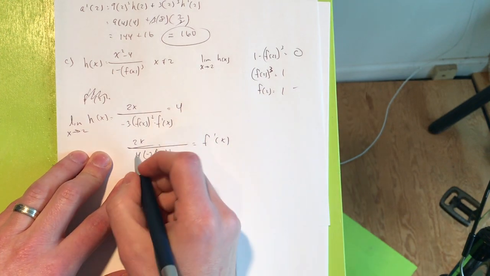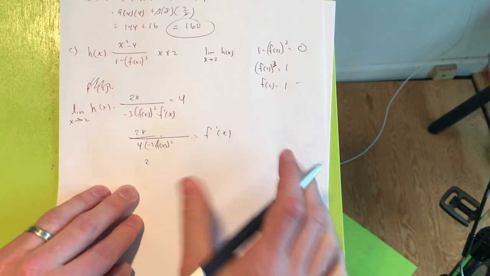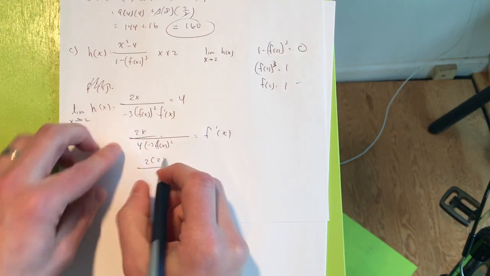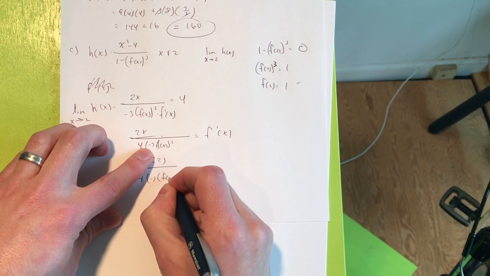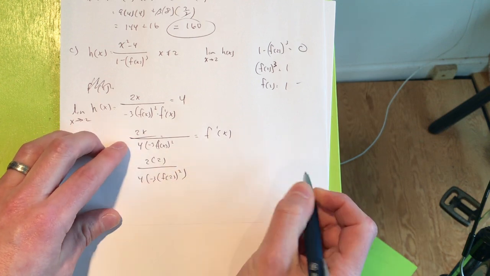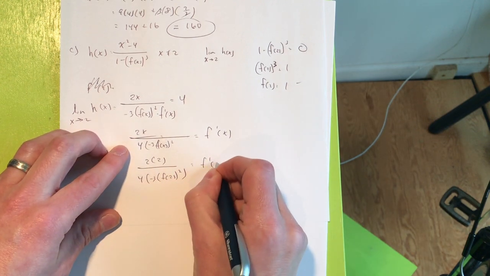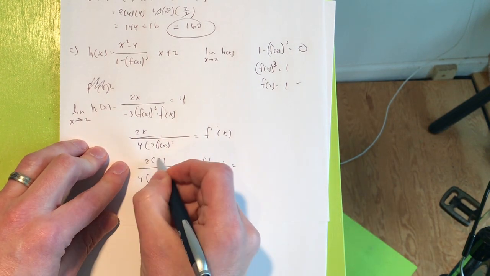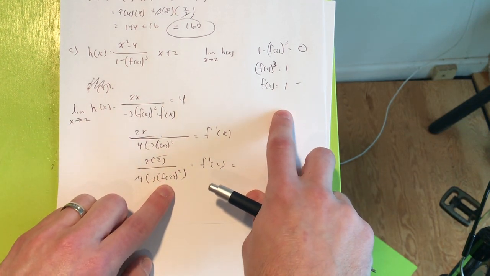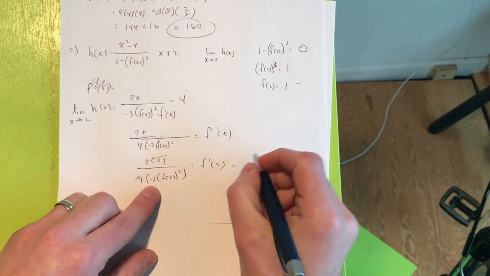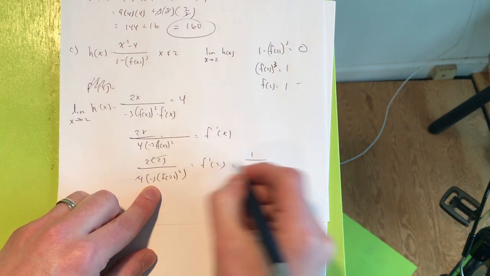And we want to evaluate for 2, so we've got 2 times 2 over 4 times negative 3 times f of 2 squared equals f prime of 2. 4 and 4. f of 2 is 1 from before. 1 squared is 1. We have 1 over negative 3.